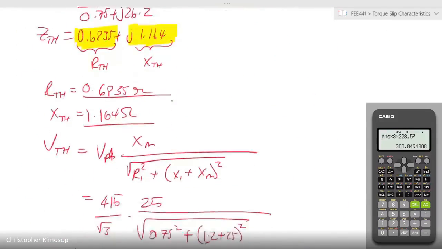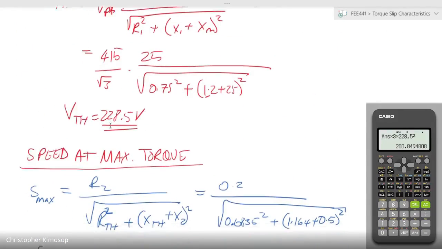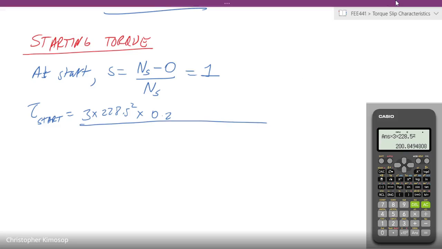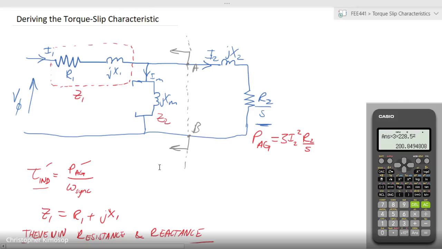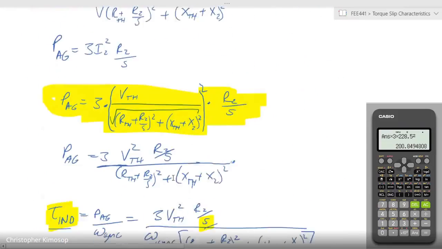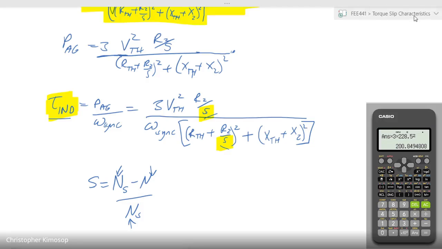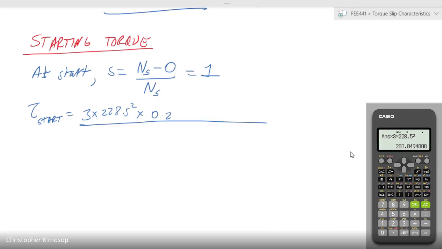R2 is 0.2, Thevenin voltage is 228.5, over, here's our formula again, omega sync times all of those.